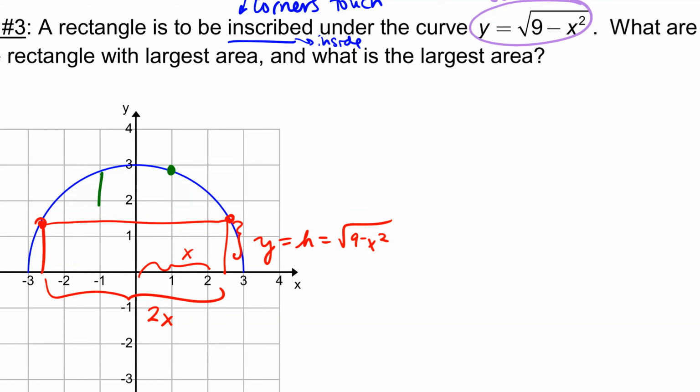My two corners touch my semicircle. So with x equals 1, the total width would be 2 times that, which is 2. My height I find by plugging into the equation: the square root of 9 minus x squared.